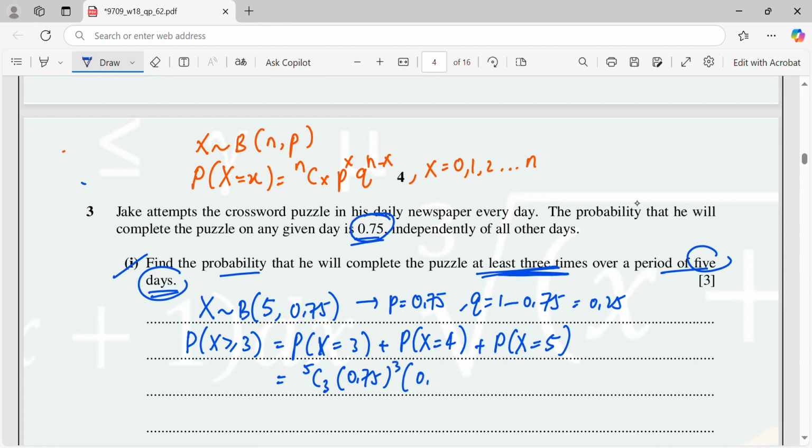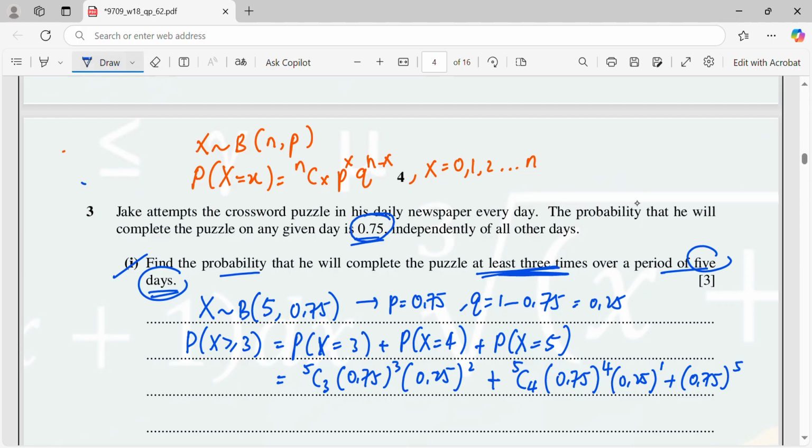Then I will have 2 failures. Plus X equals 4 means out of 5, 4 successes. And then the probability of success will be 0.75, multiplied 4 times, then multiplied with 0.25 to the power of 1, and plus X equals 5 means all successes. So I just write plus 0.75 to the power of 5.